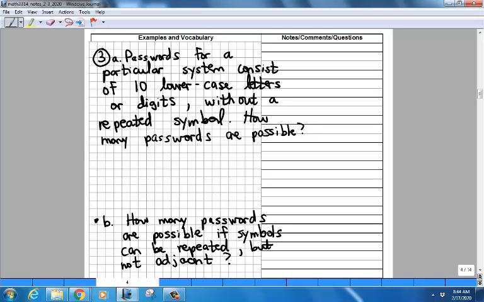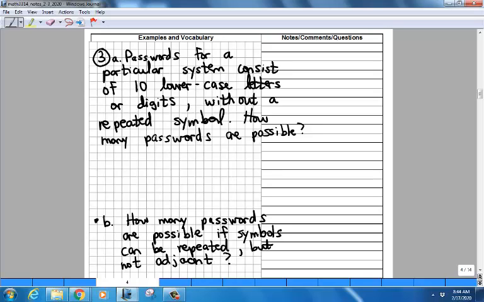How many passwords are possible? That's a very standard counting problem, but I want to point out that we don't really have a good set model to answer this particular question yet.